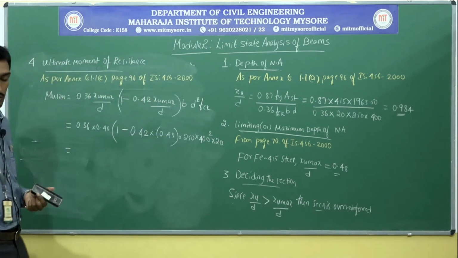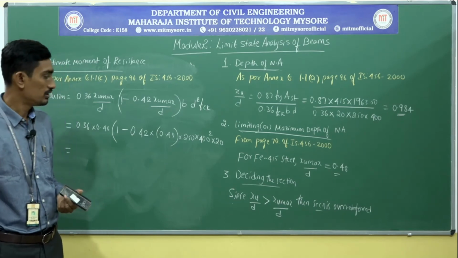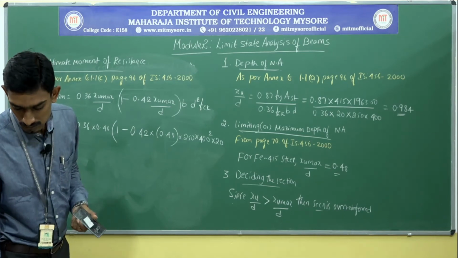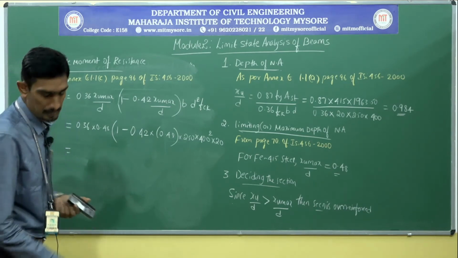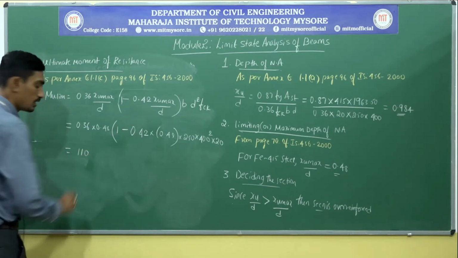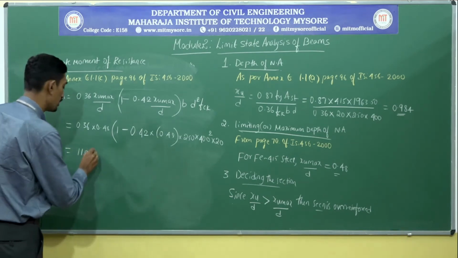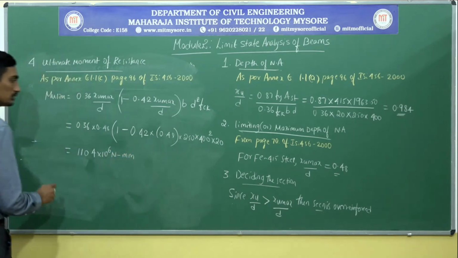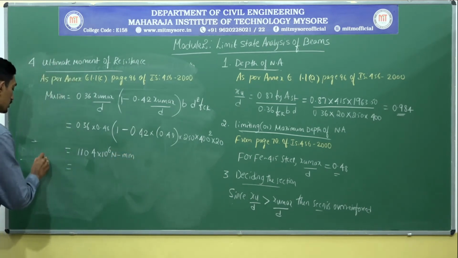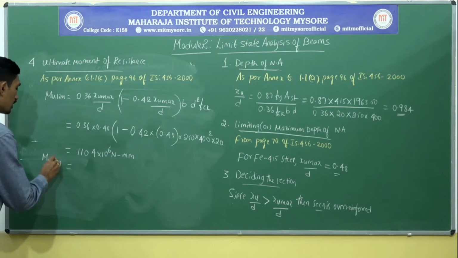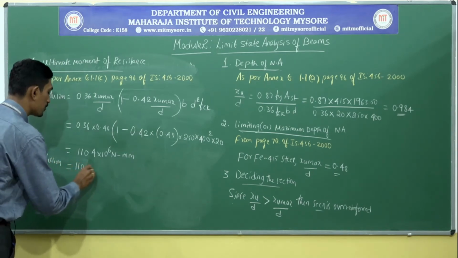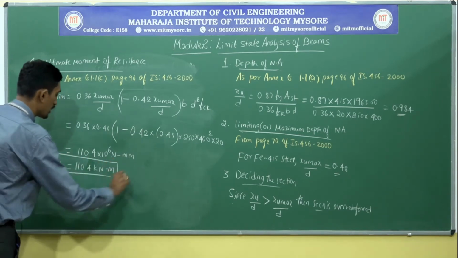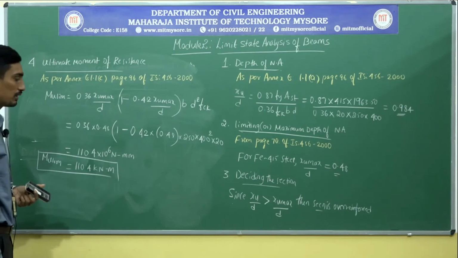So this works out to be 110.4 into 10 to the power of 6 Newton millimeter, or I can also express it as 110.4 kilonewton meter.